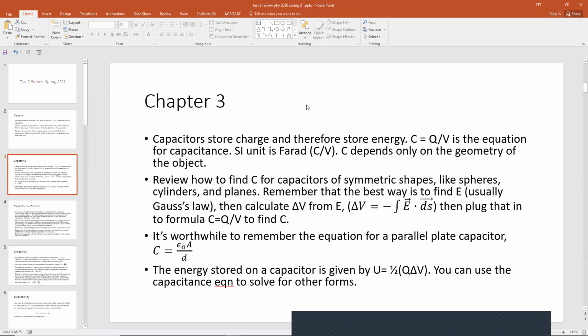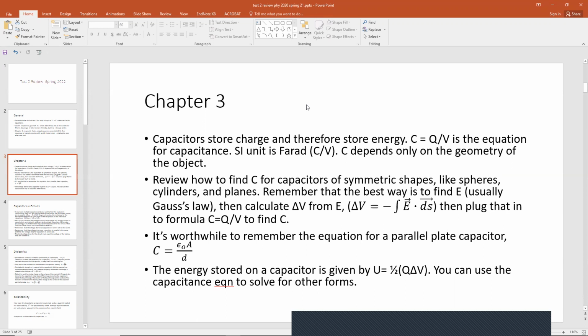How we did this in each case was that we found the electric field between the two objects, either between the two parallel planes or between inside sphere and outside sphere, for example. We found the electric field between them, usually via Gauss's law, because we only solved the capacitance for highly symmetric situations. And then once we had the electric field, we found the voltage from the electric field.